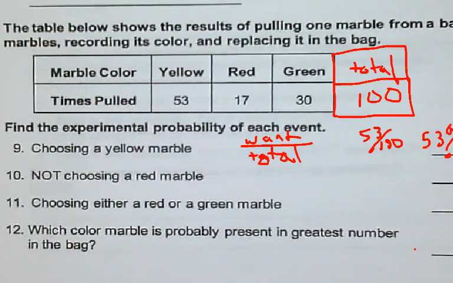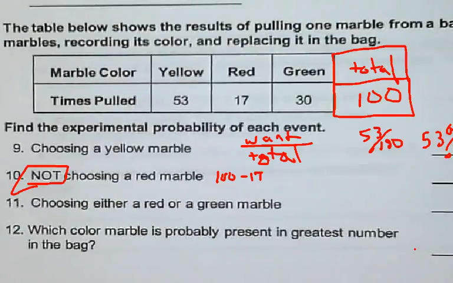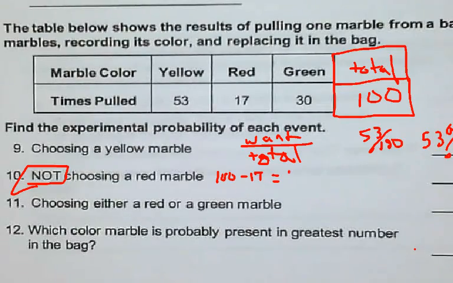Now, not choosing a red. This is the complement again. Not choosing a red. So if there's 100 total, you have to subtract 17, right? And so 100 minus 17 is 83. And so not choosing a red would be 83 out of 100.